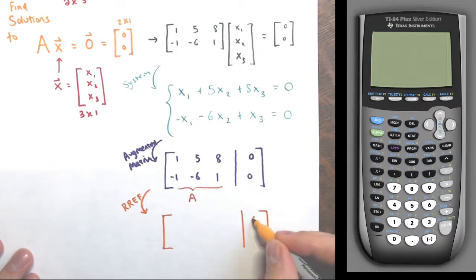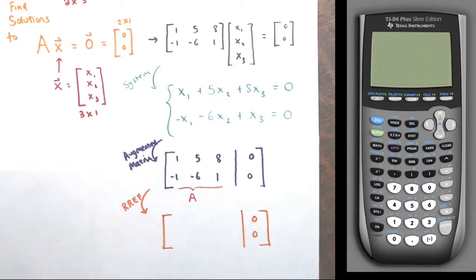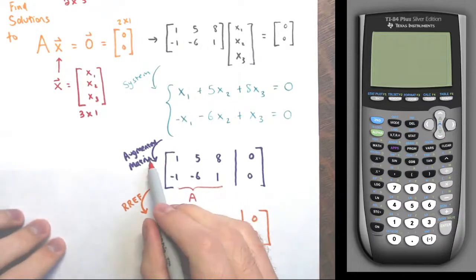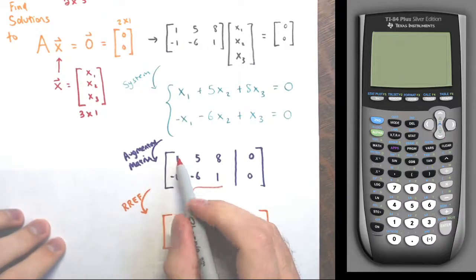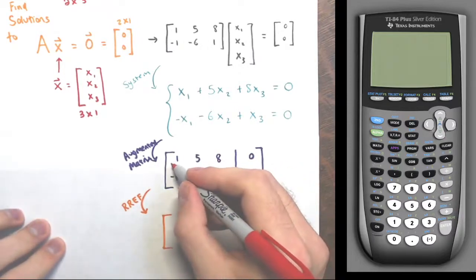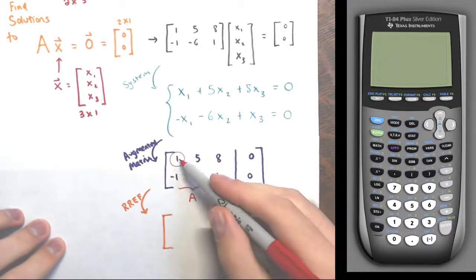This column of zeros won't change. I'll do it by hand here for this first one because there's only a couple rows. The first row, the first non-zero entry is a 1, which is what I want. So there's a pivot entry, and then everything above and below that I want to be 0. Well, there's nothing above it.